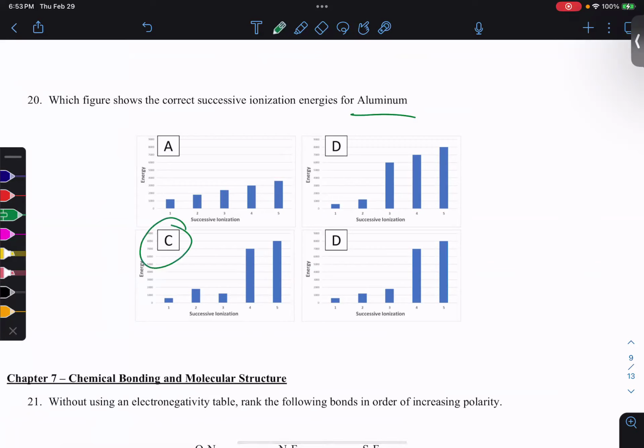So is it C? C has 3 small peaks, but what's wrong with C? That third one is screwed up, right? You cannot have a third ionization energy that is easy. It can't be easier to take the third electron off than the second one, because aluminum will always get smaller as we take more electrons off. So it's D, it's not C.